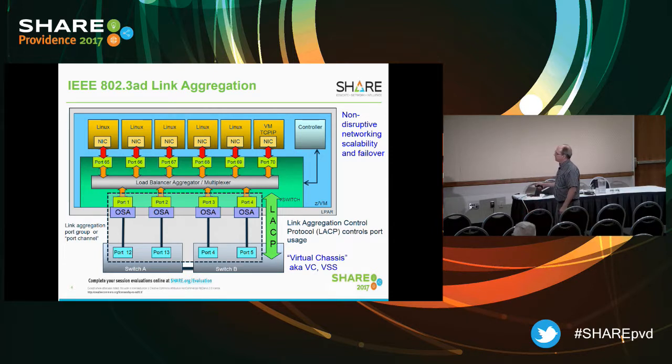If data is trying to move through one of these and there's a failure, any data that we haven't actually sent will get requeued onto one of the other NICs. Any data that was in flight when this went down, as far as the VM is concerned, is lost, and it just keeps going.